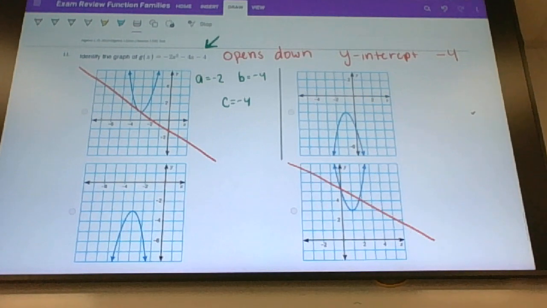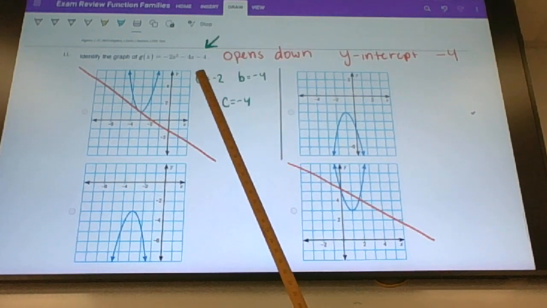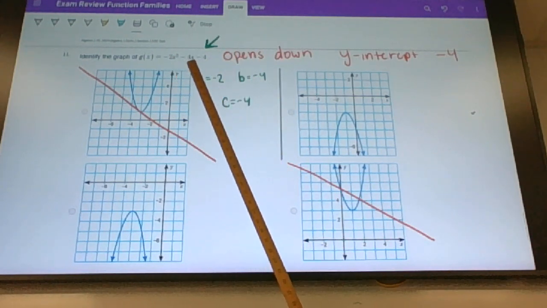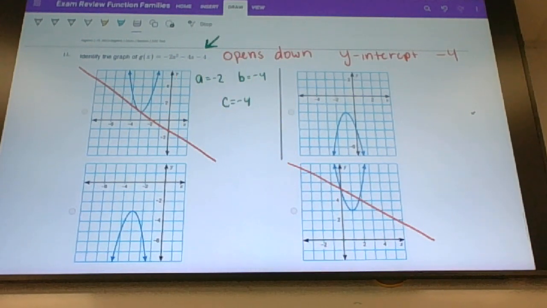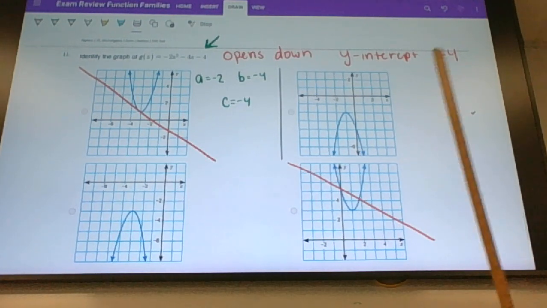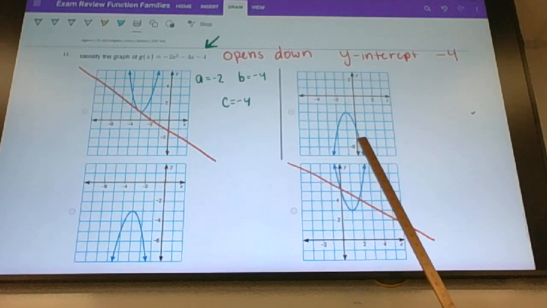One of the main things we do with quadratics is list what's A, what's B, what's C. So A is -2, B is -4, and C is -4. Jacob, do you feel like you know which one it is? You picked this one.